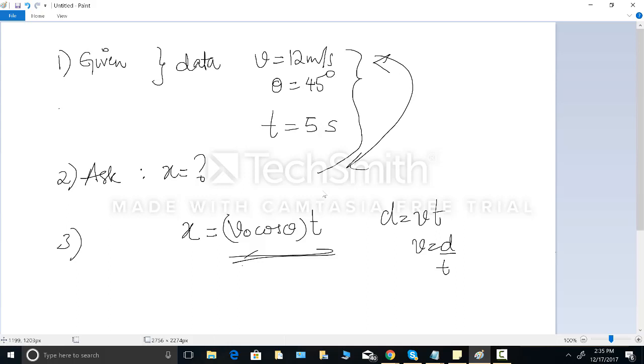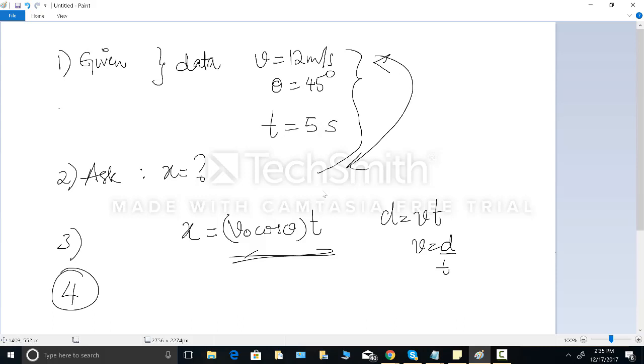Now what if you had a more complex question where you don't get the answer in one step, but instead you have to find an intermediate unknown and then use that to find the answer? Then you would have a 4th step. In the 3rd step, you're asking yourself what connects the 1 to 2, and so what is x equal to in terms of v, theta, and t? Sometimes you don't need all of the information provided. Sometimes you need to read between the lines and get numbers or data that isn't clearly stated. We can elaborate on that in a different video.